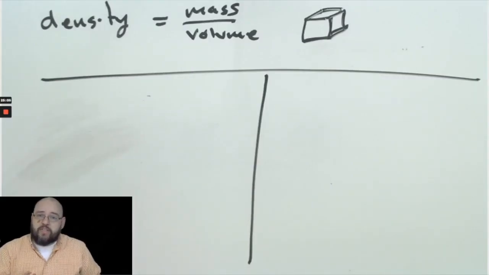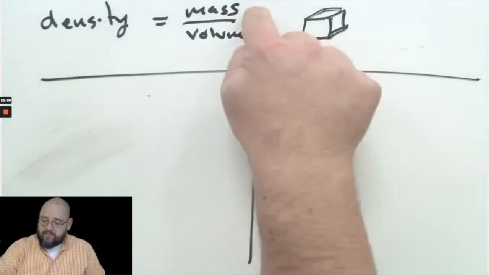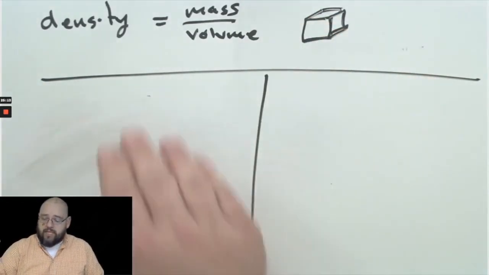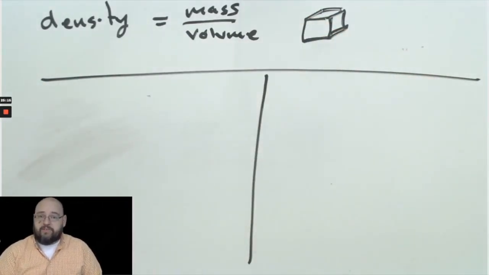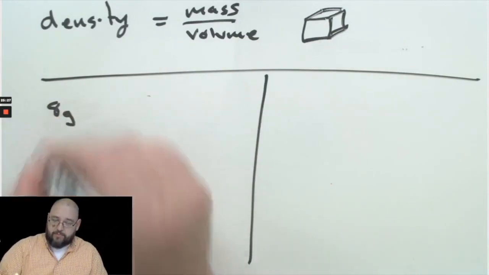Let's say I'm going to measure the density of this cube. This cube has a mass and a volume. I'm going to measure its volume using a ruler and its mass using different tools. On this side, let's say I measure the mass with my son's toy balance, and I get a mass of 8 grams.